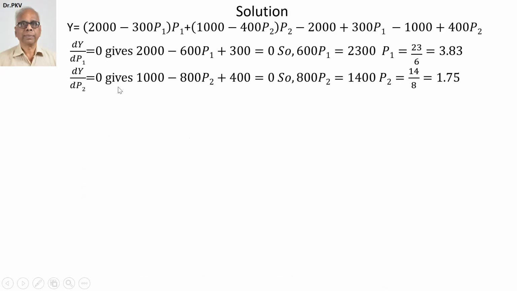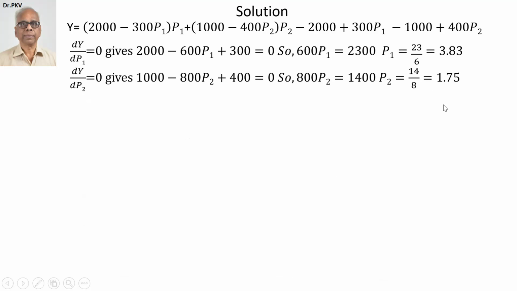Similarly, differentiate Y with respect to P2. dY upon dP2 equal to 0 gives you 1000 minus 800 P2 plus 400. All the other terms will vanish. So upon simplification, 800 P2 is equal to 1400. P2 is equal to 14 by 8, which is equal to 1.75.